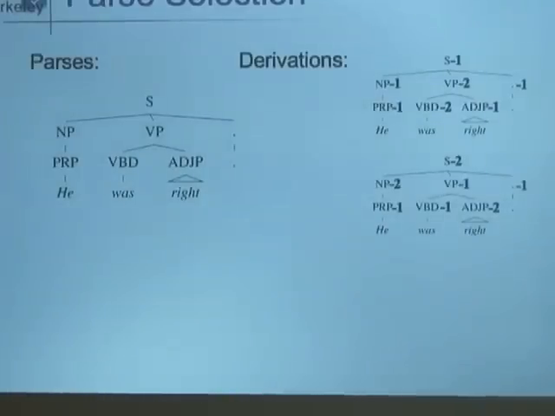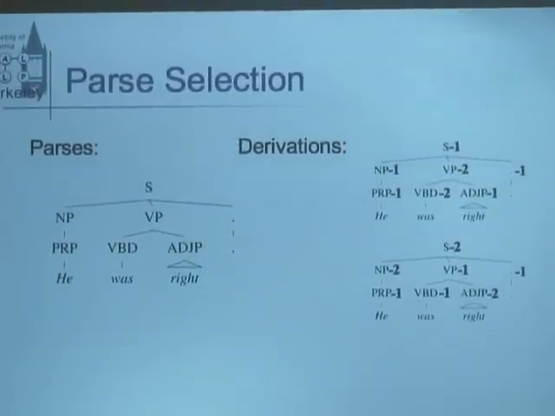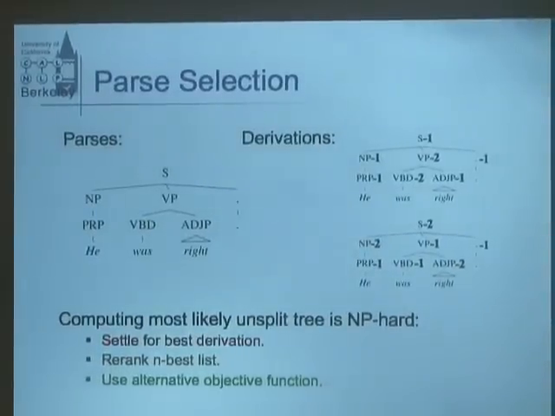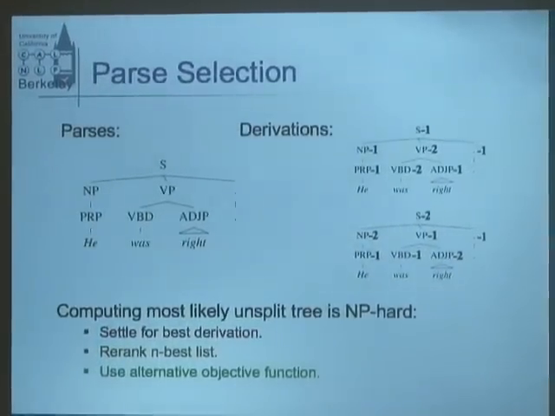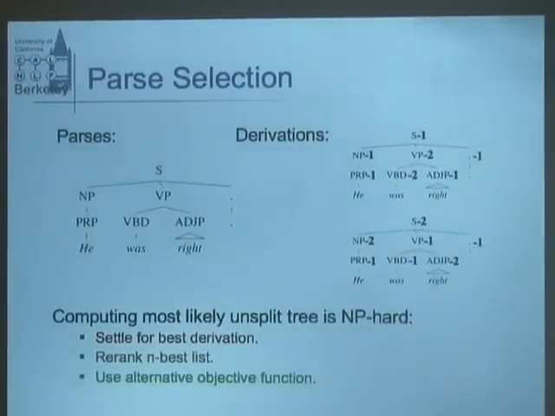In practice, we would like to sum out the hidden variables, but we cannot because this is NP-complete. And there are different things that you can do. One thing is to just do Viterbi parsing and settle for the best derivation, which works okay, but it's not the best thing, and you probably shouldn't do it because the other things are simple.